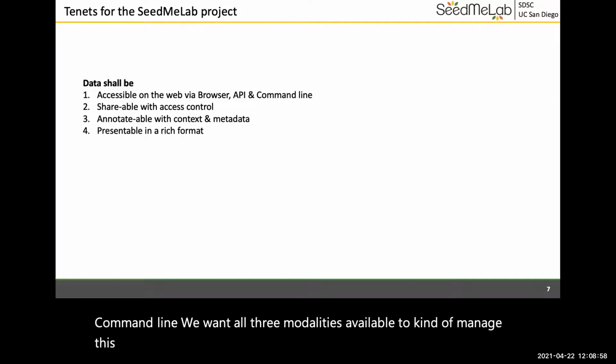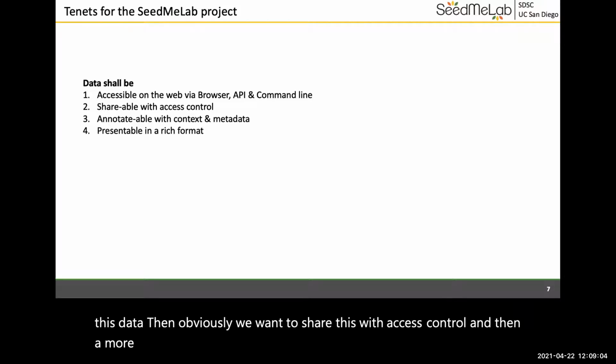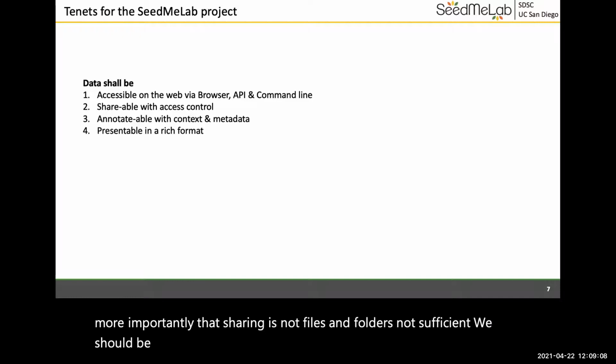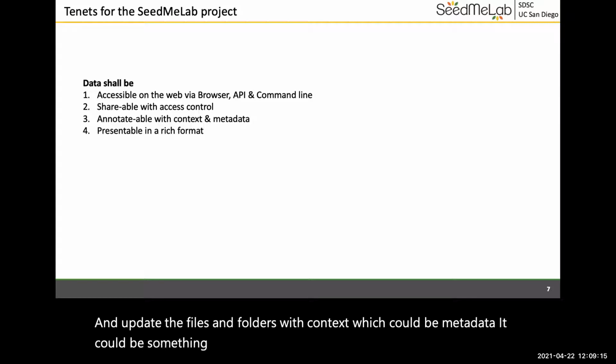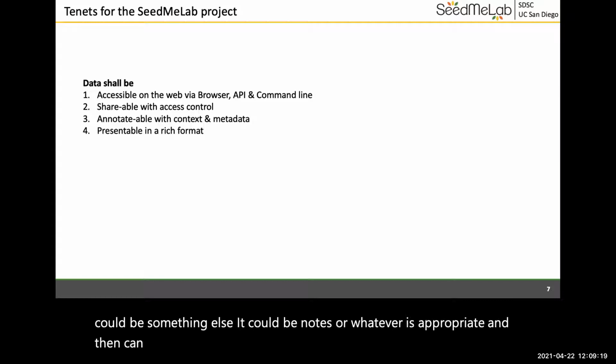Then obviously we want to share this with access control. And more importantly, sharing files and folders is not sufficient. We should be able to annotate the files and folders with context. So it could be metadata, it could be notes, whatever is appropriate. And can we also present this data in a rich way?